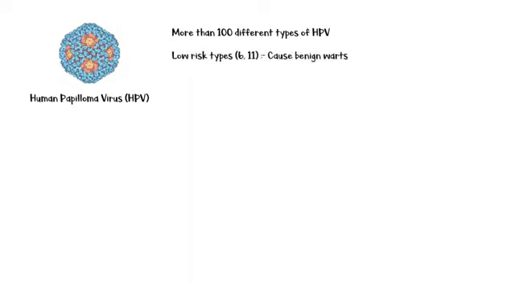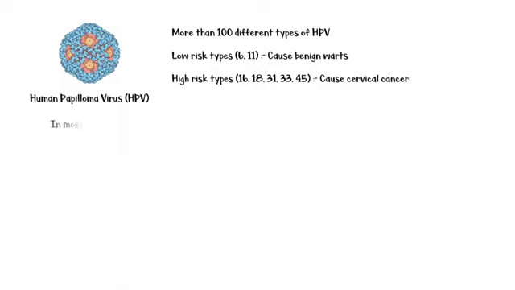As already mentioned, cervical cancer is caused by human papillomavirus infection. More than 100 different types of this virus have been identified. These are classified as low-risk and high-risk types, depending on their ability to cause cancer. Low-risk types, HPV 6 and 11, cause benign warts, whereas high-risk types, HPV 16, 18, 31, 33, and 45, cause cervical cancer.